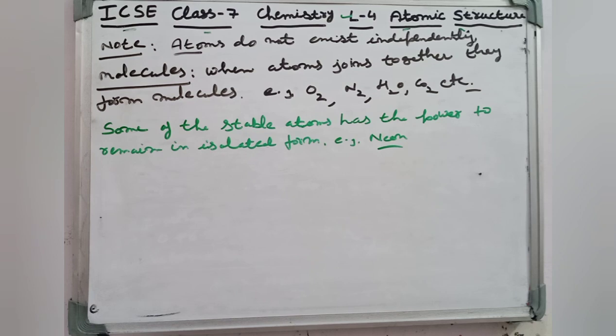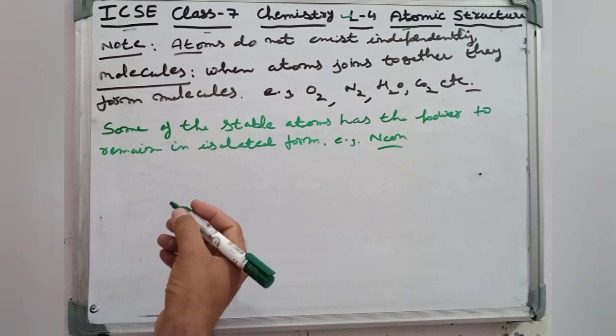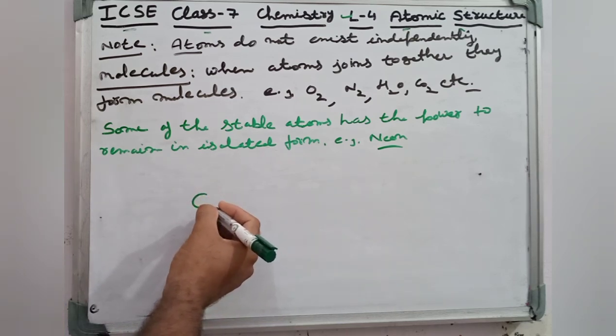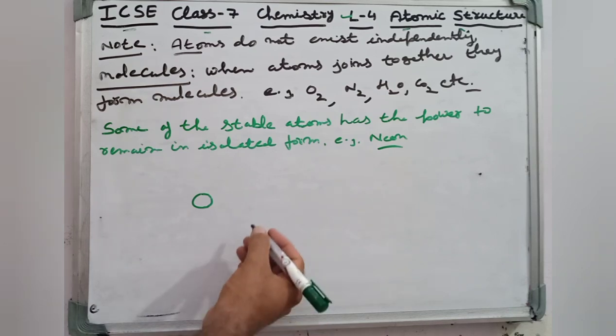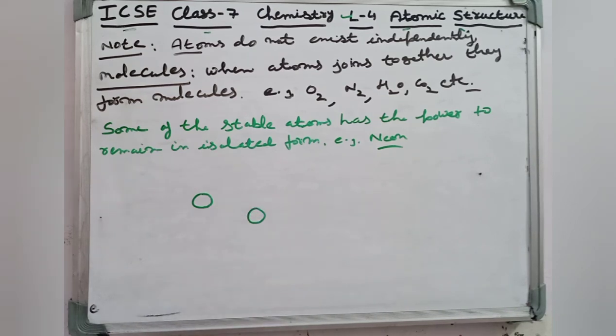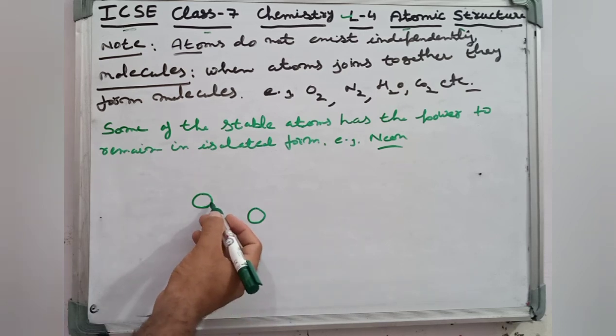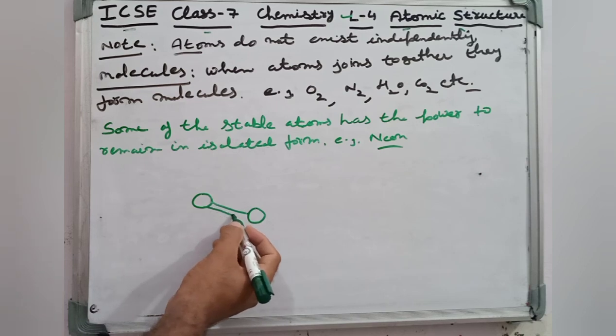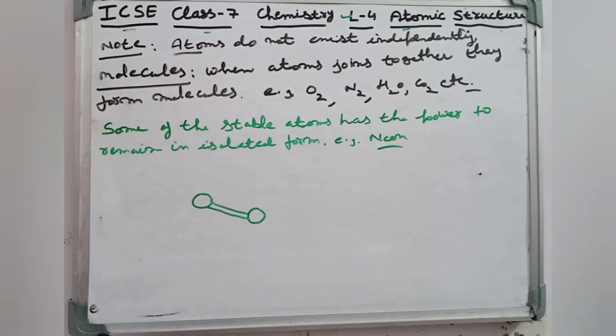Now, if we want to understand the joining of these atoms, we can take one example of a ball and stick diagram. How do they exist? They join by bond.